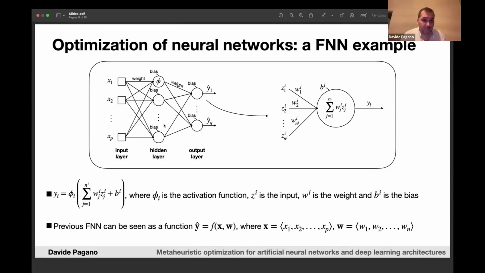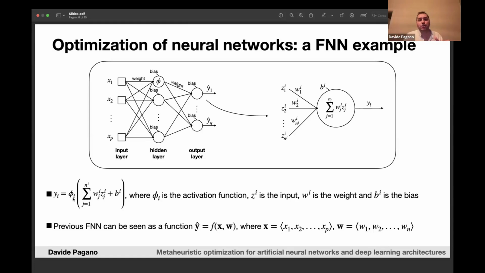Mathematically, the output of the node y is computed by this formula here, where N is the number of incoming connections, z is the input, w is the weight, and b is the bias. Of course, phi is the activation function.